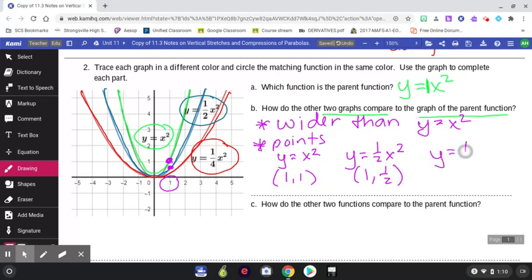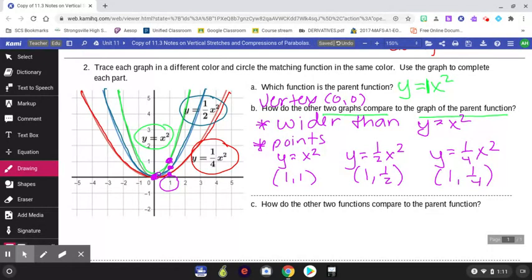And when I look at the other function, y equals 1/4 x squared, and again, I focus on that x value of 1, I have 1 comma a quarter. And so what I notice is that my outputs are actually getting smaller. And they're related to that a value. I also notice that all of these have a vertex of 0, 0. They're all centered at the origin. There's no shift up or down.